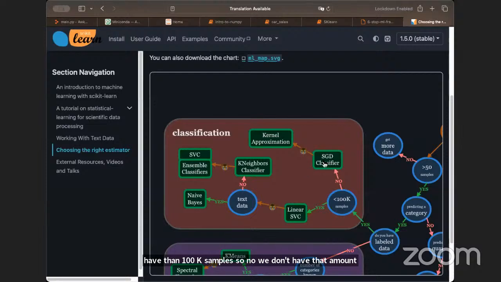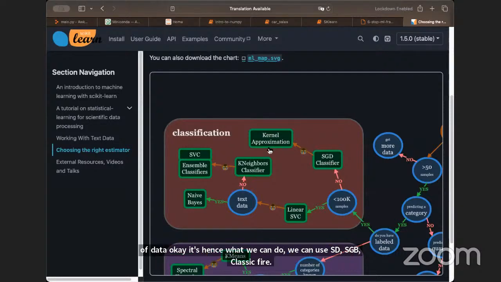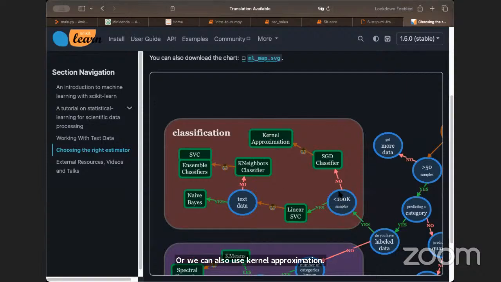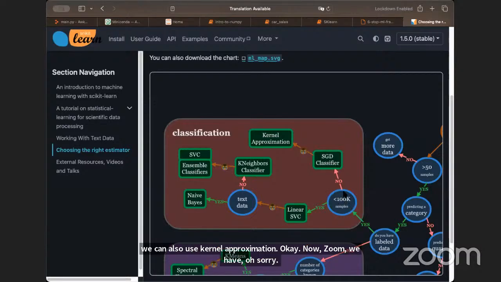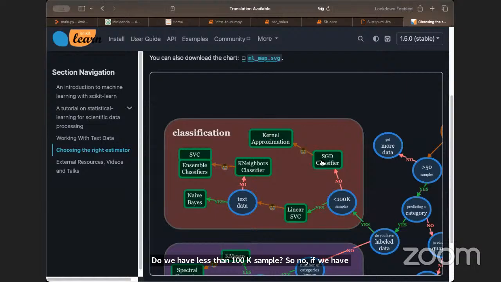If we have more than 100K samples, then we use SGD classifier or kernel approximation. But we don't. We have only 300 data points, right? It is less than 100K. So yes, it is less than.